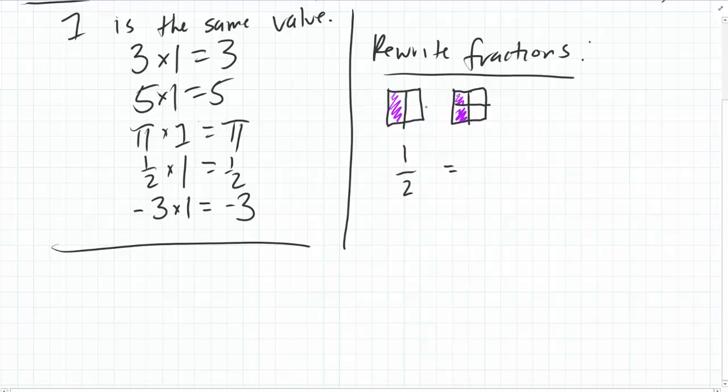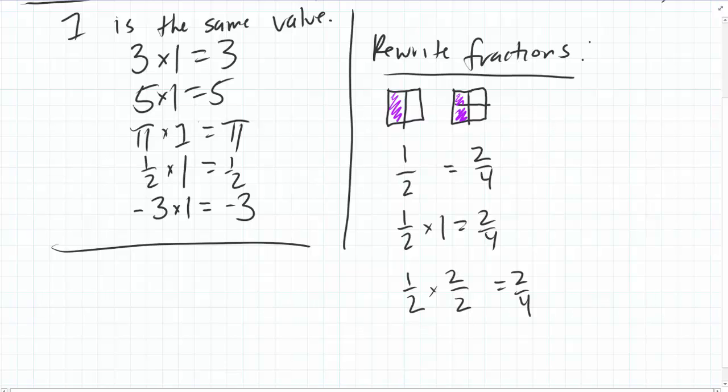There's these two cells and these two cells. It equals the same thing. Mathematically, if we didn't have the picture, we would say 1/2 times 1 equals 2/4. But we can also say 1/2 times 2/2 equals 2/4.